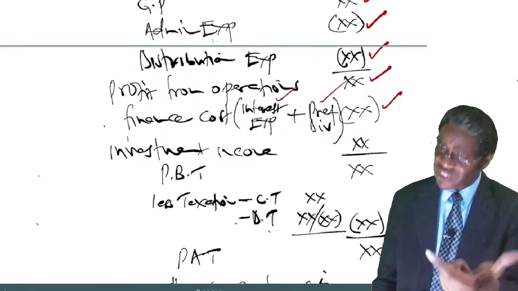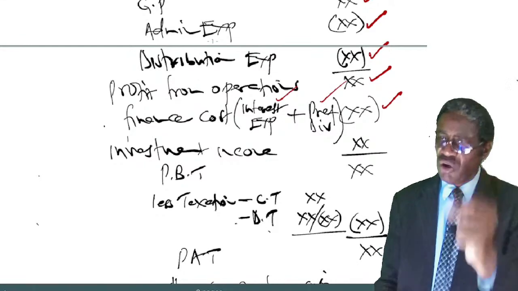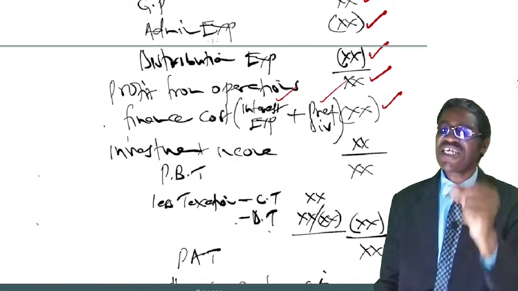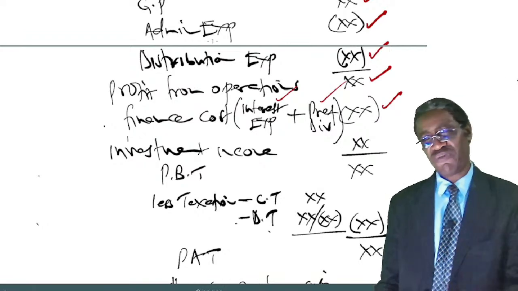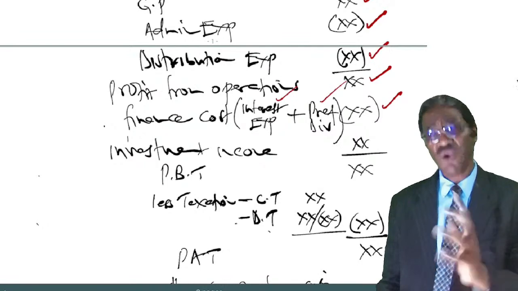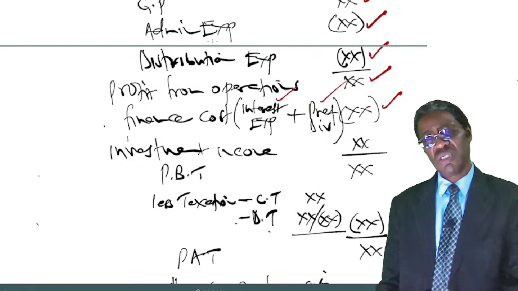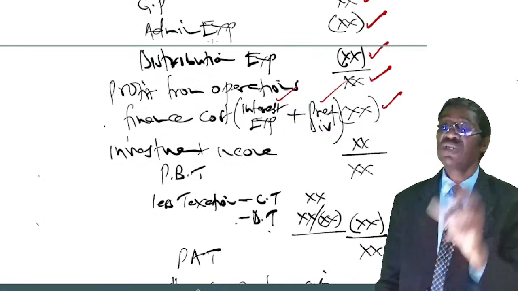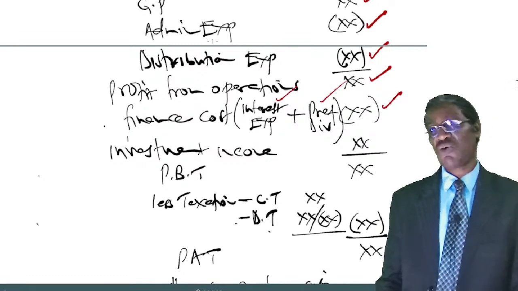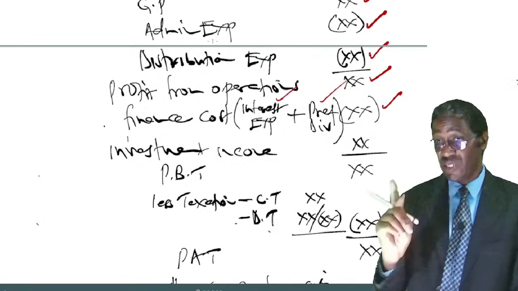I have emphasized that it is only preference dividends on redeemable preference shares. Why? Because they are loans. You are borrowing through issuing redeemable preference shares, so the cost of borrowing is a finance cost. That cost of borrowing is called preference dividend.